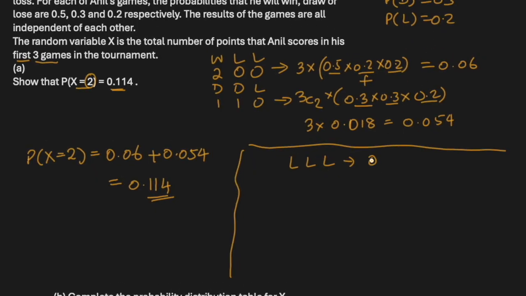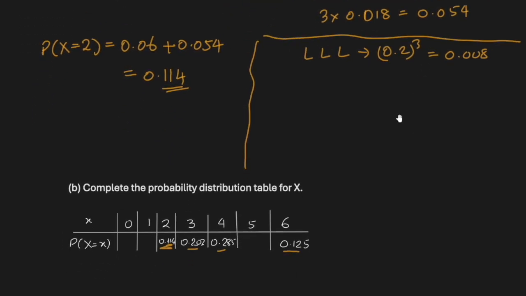So it will be 0.2 cubed, which is 0.008. So there is very little chance that Anil will lose 3 games.